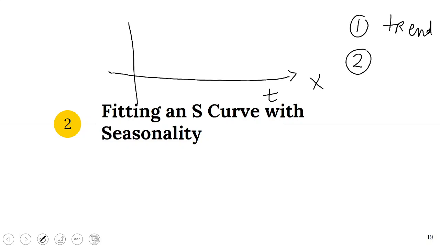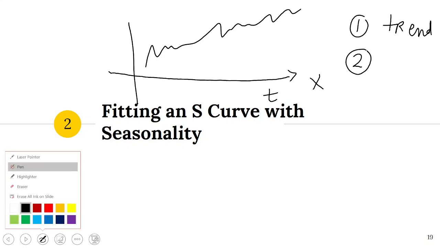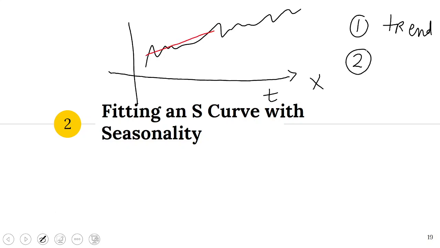A trend could be understood as a linear line. For example, the sales is going up over time. All right, good. So you can actually fit a linear line through this curve, and it will be an increasing trend. So the trend of the data will be understood as an increasing trend.